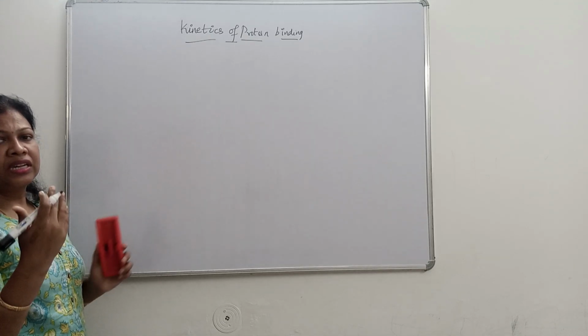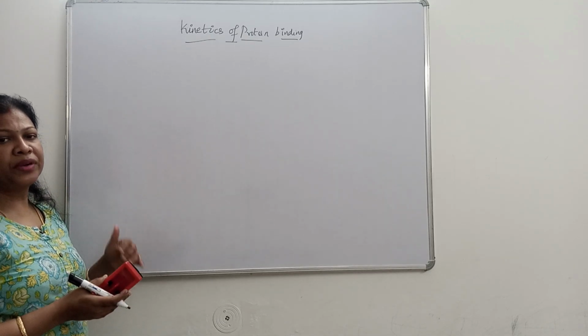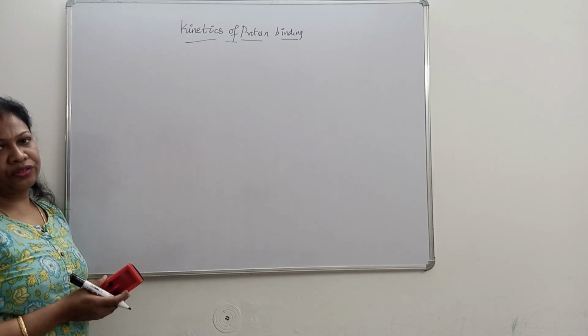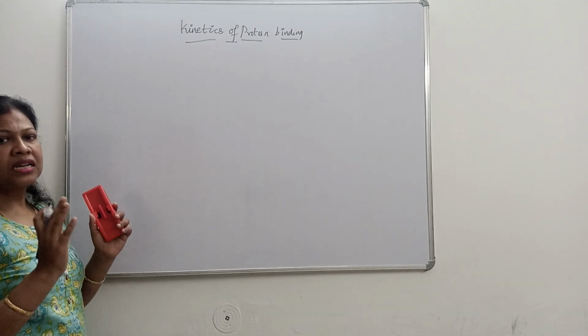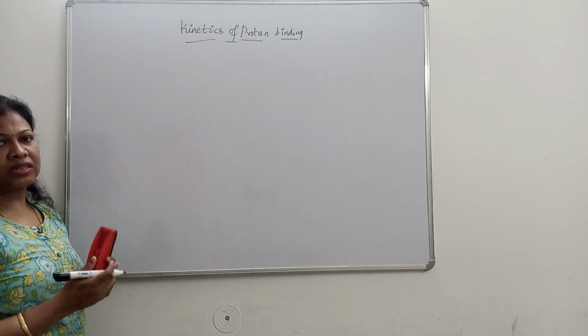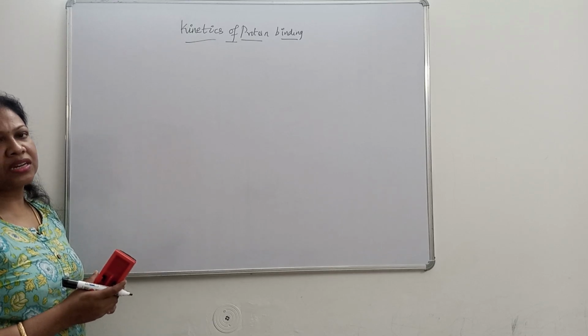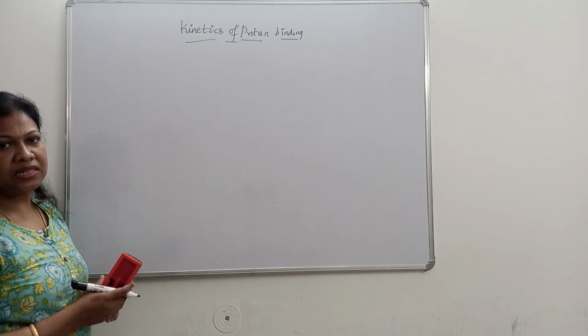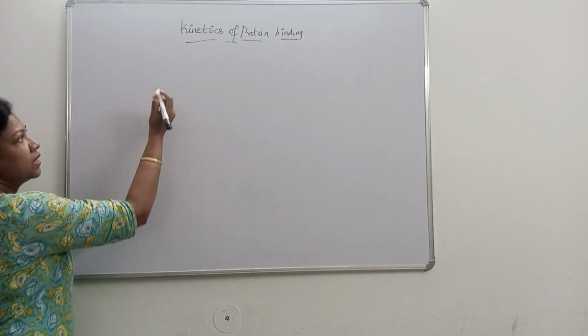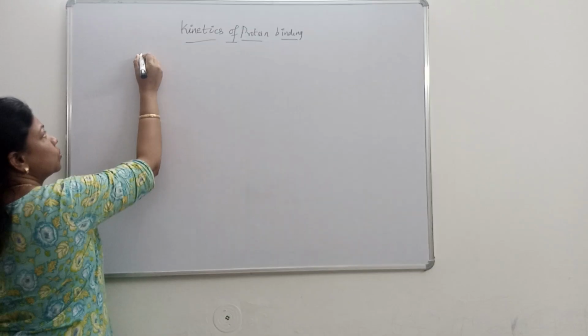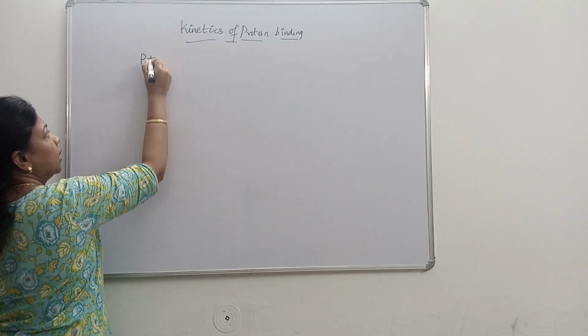So further increase in drug concentration may not change the protein binding of drugs. Protein binding is a saturable process, or the capacity is limited, which can be explained by Michaelis-Menten's equation.